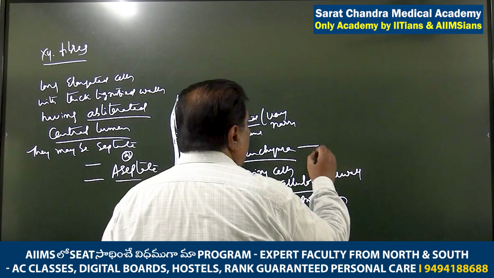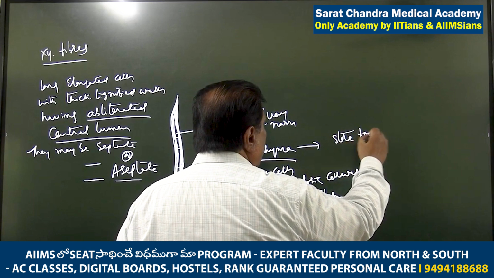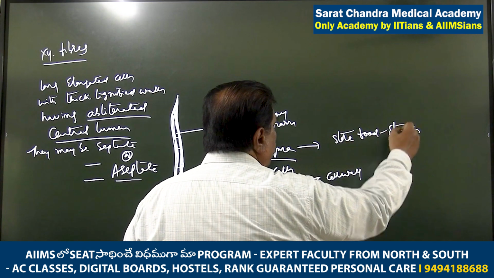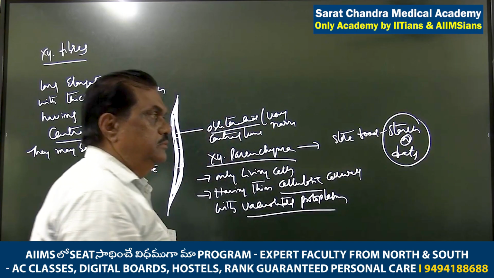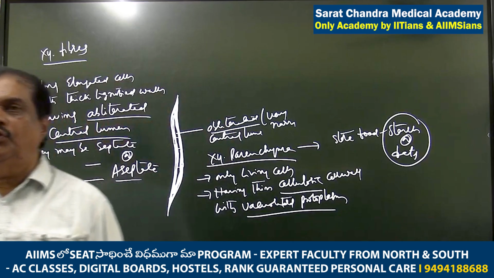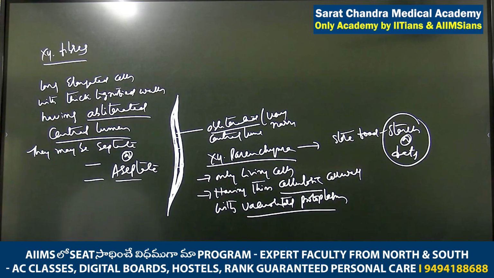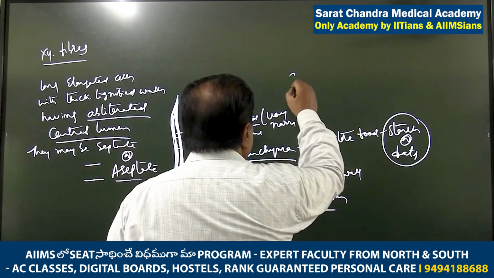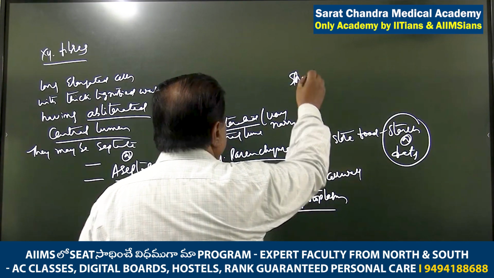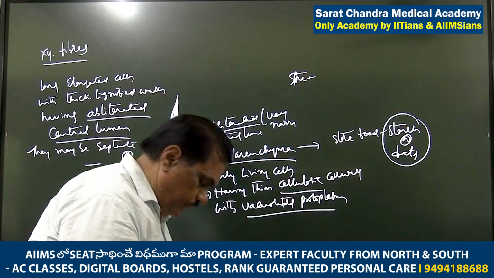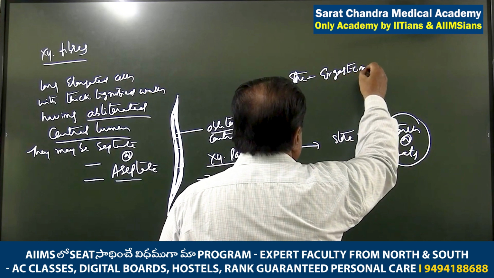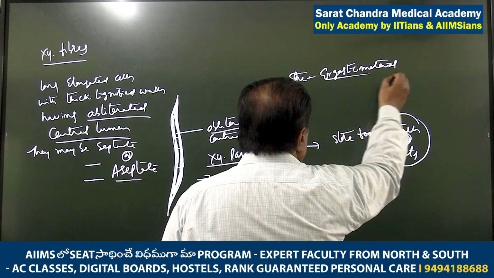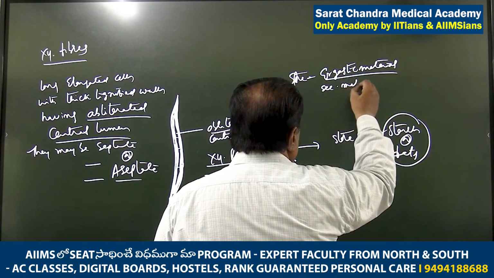Next, the xylem parenchyma cells store food materials in the form of starch or fat. They also store ergastic compounds. Ergastic material means secondary metabolites.